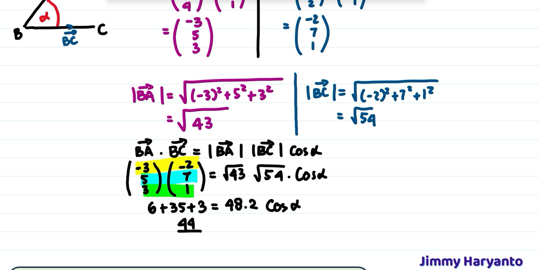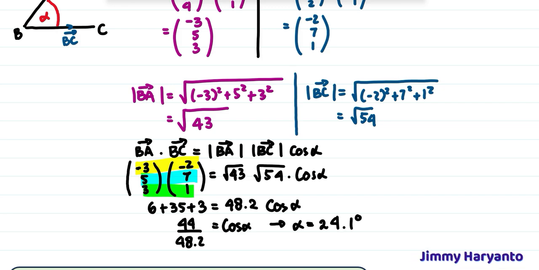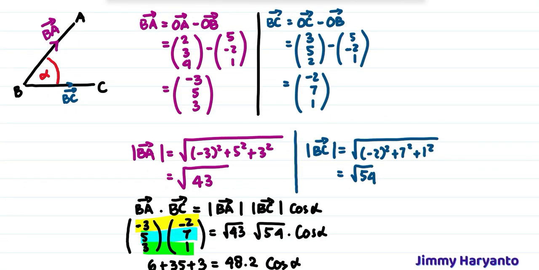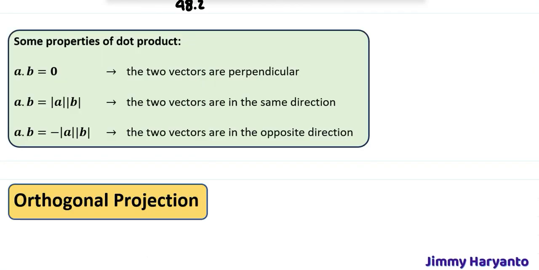And then you divide by the 48.2, it will be like this, equals cos alpha, and then use your calculator, you will have the value of alpha, which is 24.1 degrees. There you go. This is the measurement of angle ABC.